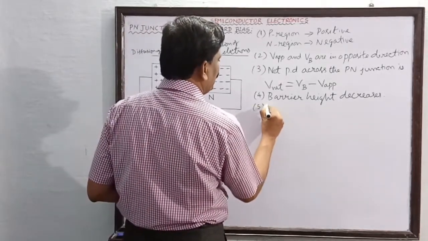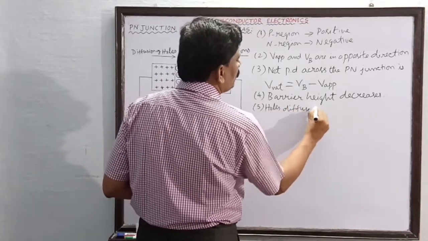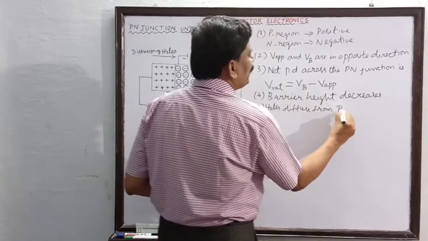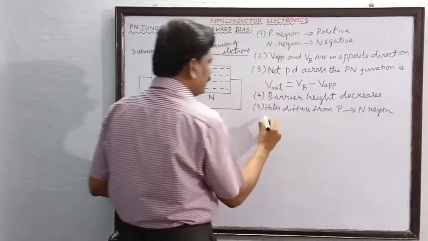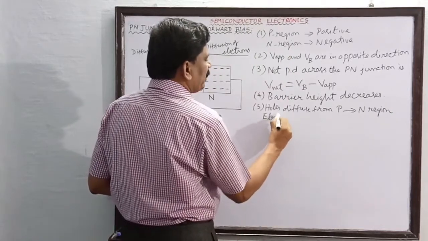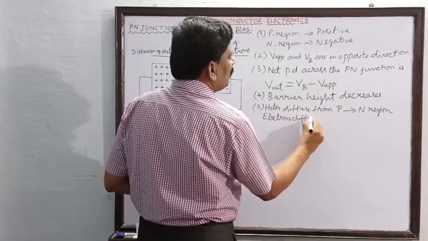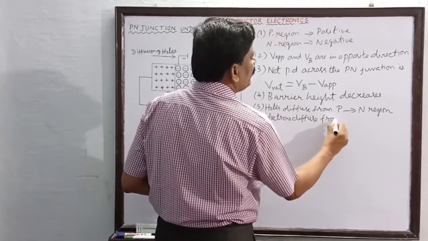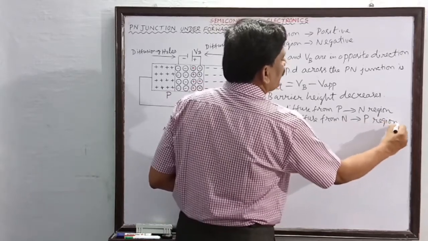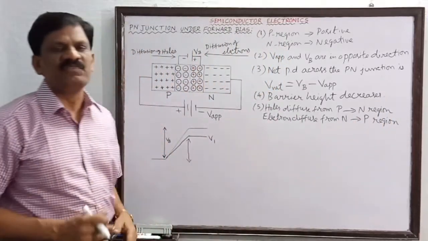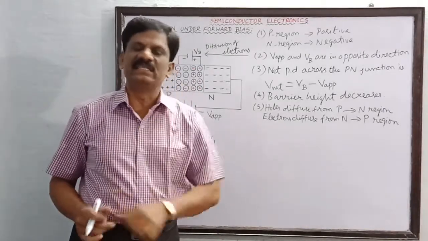I will write: holes diffuse from P to N region, and electrons diffuse from the N region to the P region. And what is the reason for this diffusion? I told you, it is because of the concentration gradient.